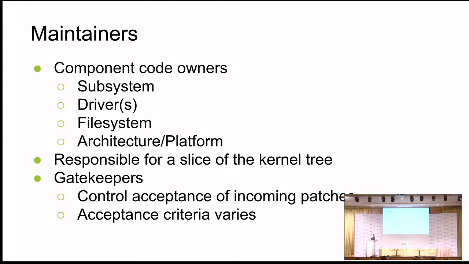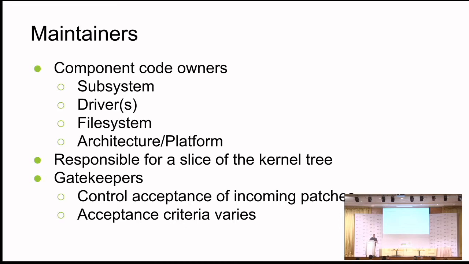So let's talk a little bit about maintainers, what they do, their roles. As I pointed out on the previous diagram, they're component code owners, right? And for each of these areas, you'll have one or more of those. And as I pointed out, they fall into subsystems, individual drivers, file systems, right?